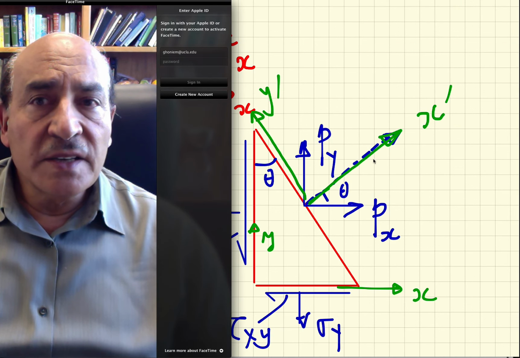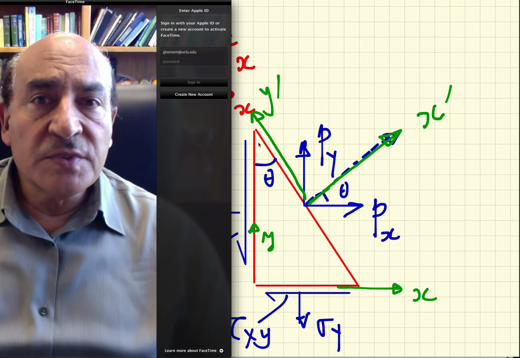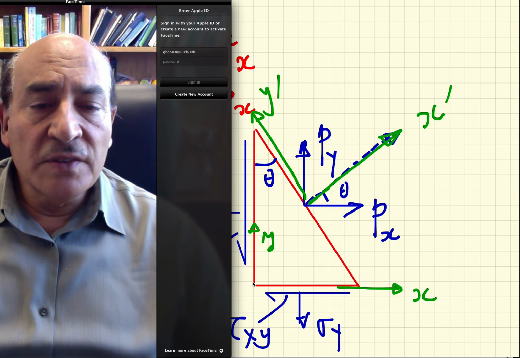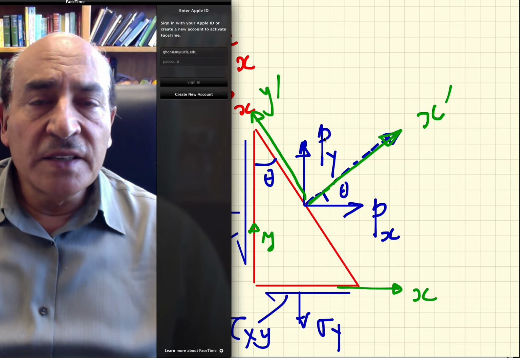So I would like to do the equilibrium of the tractions px and py with the stress system on the other two sides of this prism. So we would have to take the projections of all of the forces along the x direction and equate it to px, and take the projection along the y direction and equate it to py.